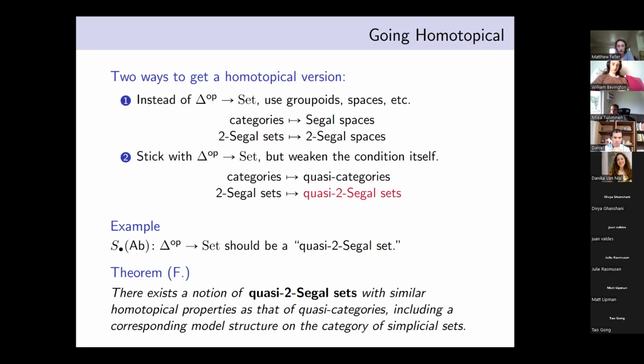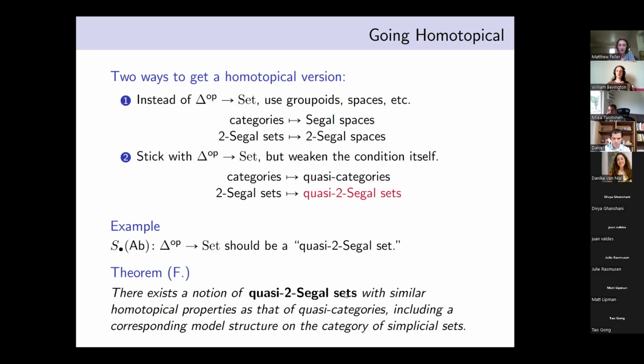If you don't know what a model structure is, the idea is just to give a category a certain homotopy theory, like an abstract notion of homotopy theory. If you have an associated model structure like this, then it means that you have a more robust homotopical object in a certain sense. That's maybe all I'll say about it.